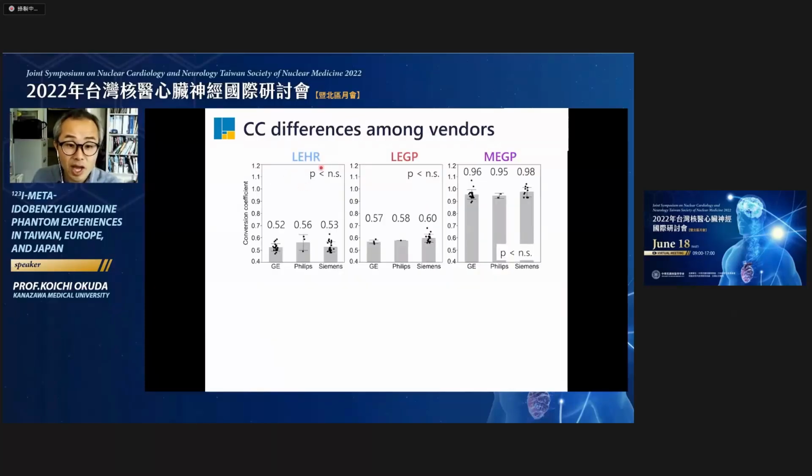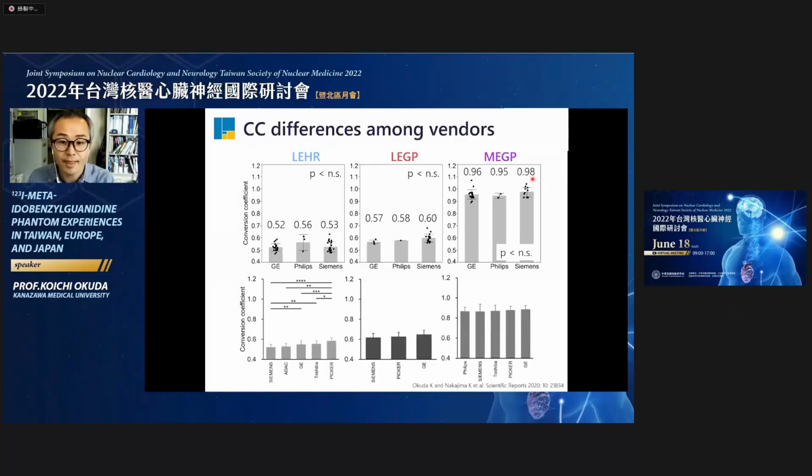In LEHR, LEGP, and MEGP collimators, the average conversion coefficients showed 0.52 to 0.56, 0.57 to 0.60, and 0.95 to 0.98, respectively. There were no significant differences among vendors.